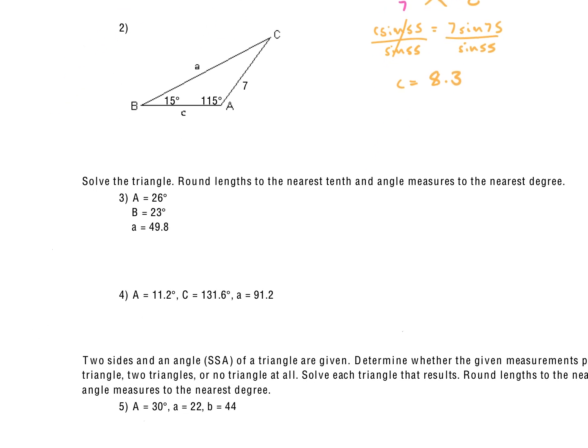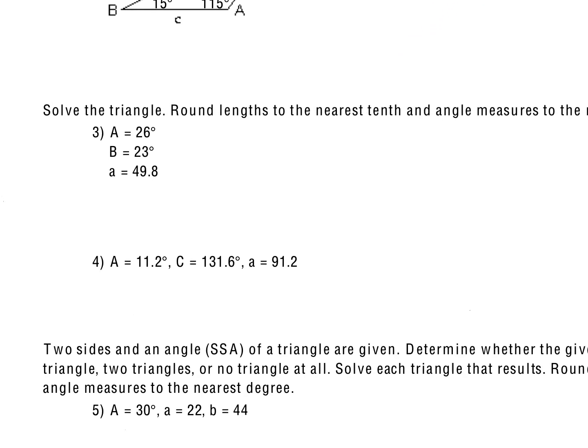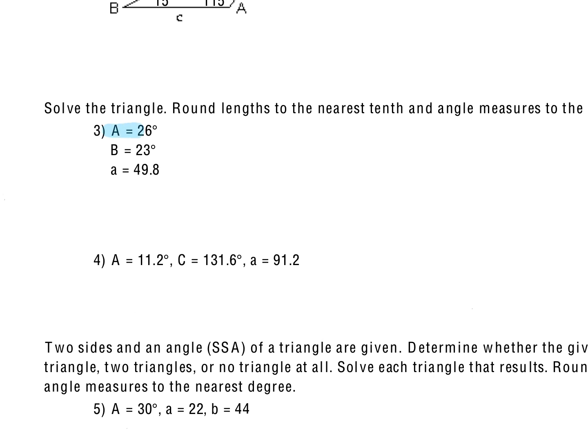So looking at number 3, we always want to start with the pair that we're given. So we have angle A and side A. Remember, the capital letters are angles. So it's not going to tell you it's angle A, but capital letters are the angles. So I'm going to start with my proportion.